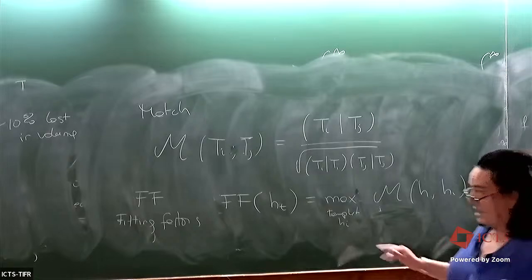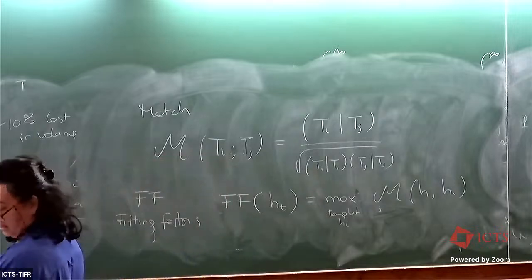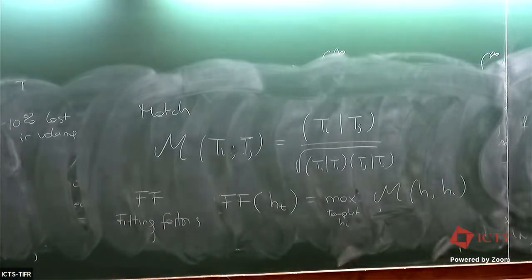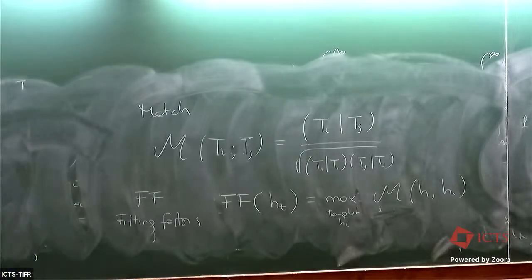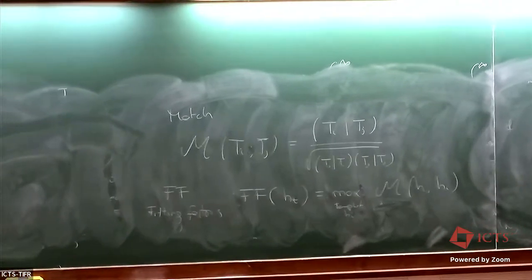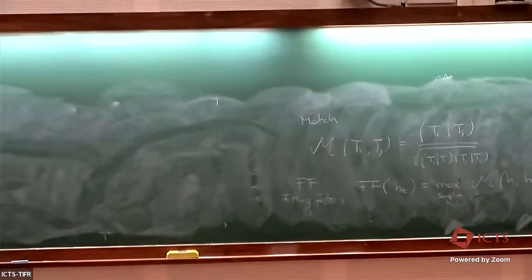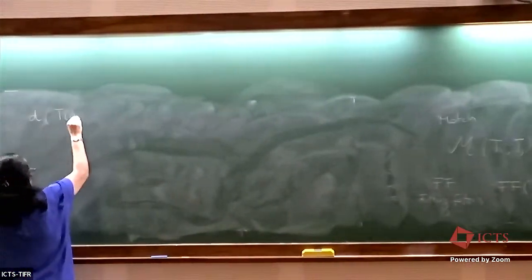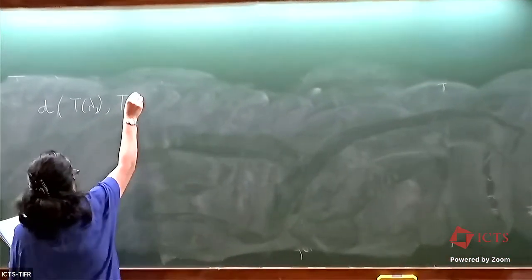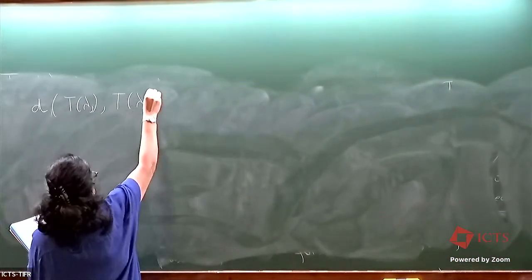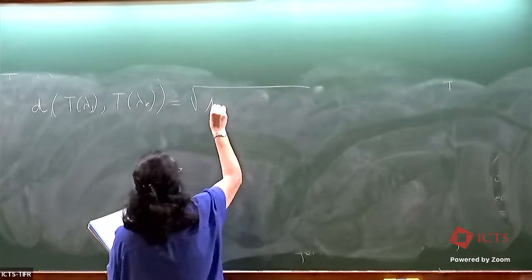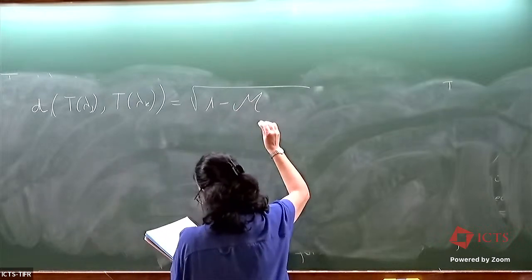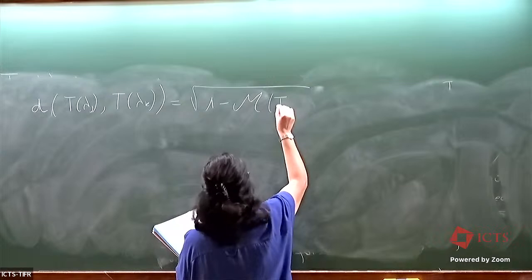In order to place the templates in the grid, I can then define a distance. So I can define the distance of two templates that have different parameters, like 1 minus the square root of 1 minus the match of these two templates.